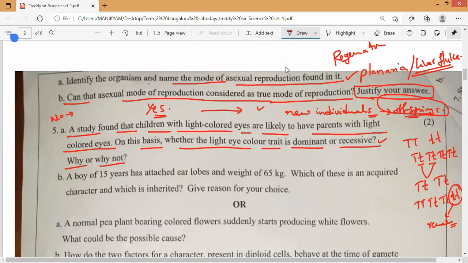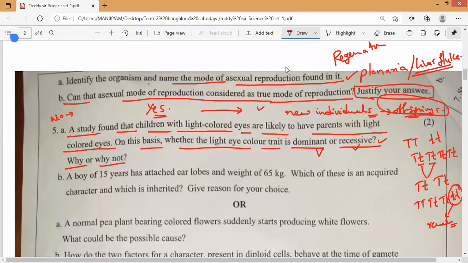Now if you see here, they're saying a study found that children with light colored eyes are likely to have parents with light colored eyes. On this basis, is the light eye color trait dominant or recessive? Why or why not, we are asking.